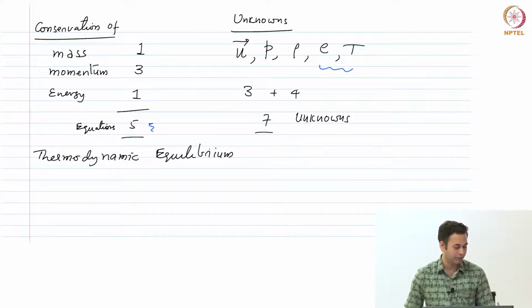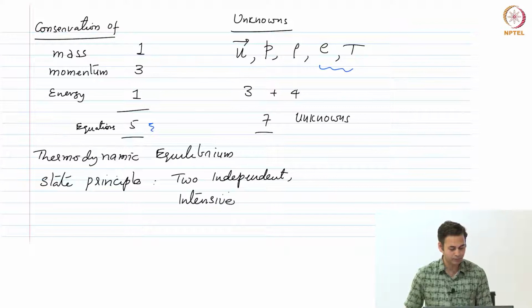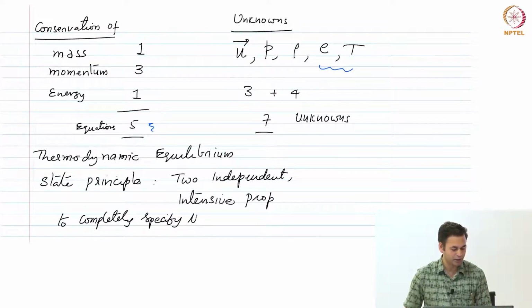So essentially the state principle: what we have is we need 2 independent intensive properties to completely specify the state of the system, right, if we have a simple compressible system, right.